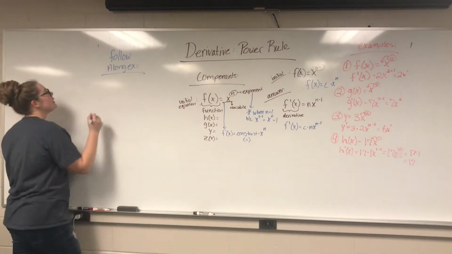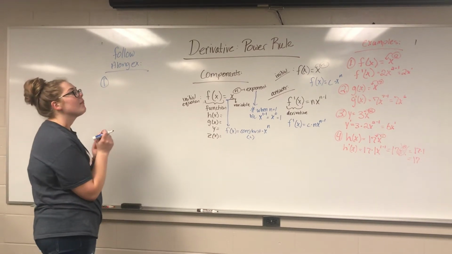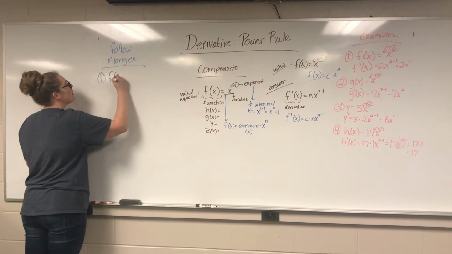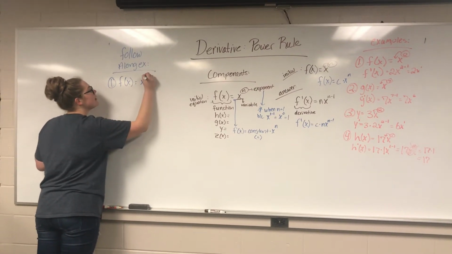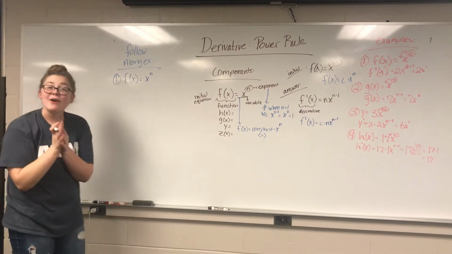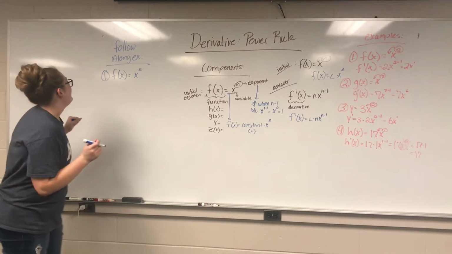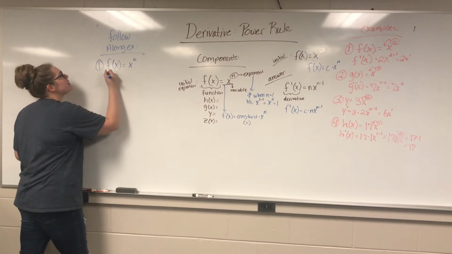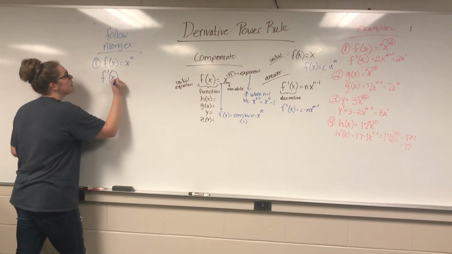All right, so number 1 for you is going to be f of x equals x to the 5th. Now I'd like you to pause it right here and try your best. So after you would unpause, I'm going to do f prime of x.